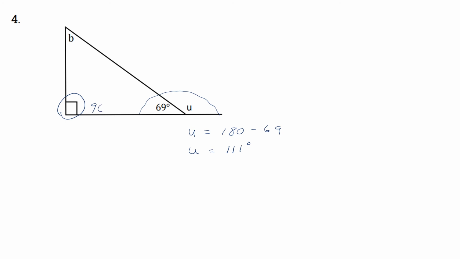That's 90. Okay, so what's the trick? You know 180 minus 90 is 90, so if you just go 90 minus 69, you can get B. Alright, let me see. Okay, so B is going to equal what? 180 minus 90, minus 69.